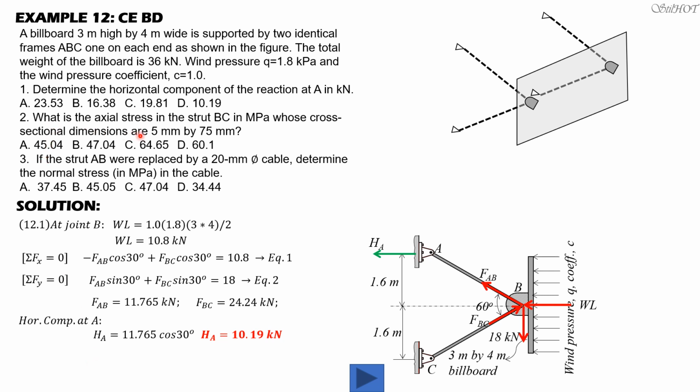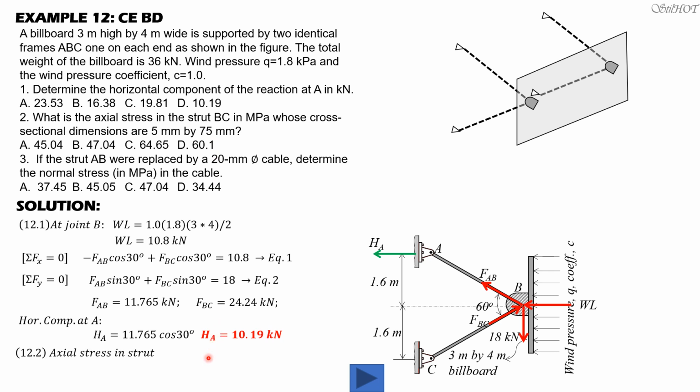Let's proceed to the second question. The normal stress in strut BC, if BC is rectangular in cross section 5 mm by 75 mm. So it is just force over area. 24,240 newtons divided by quantity 5 mm times 75 mm, the result will be in megapascals.